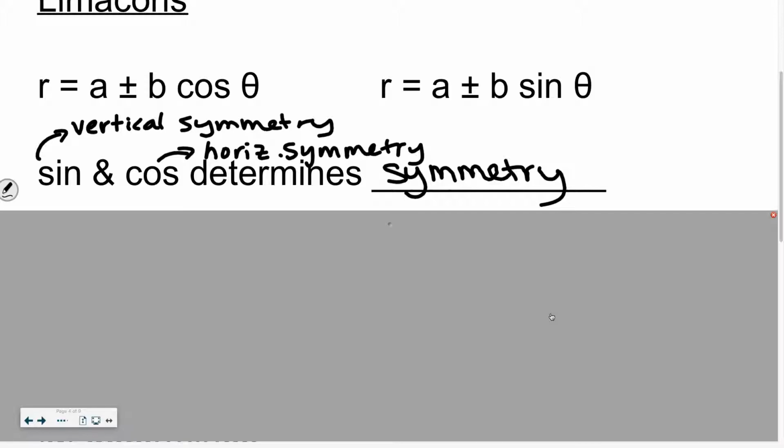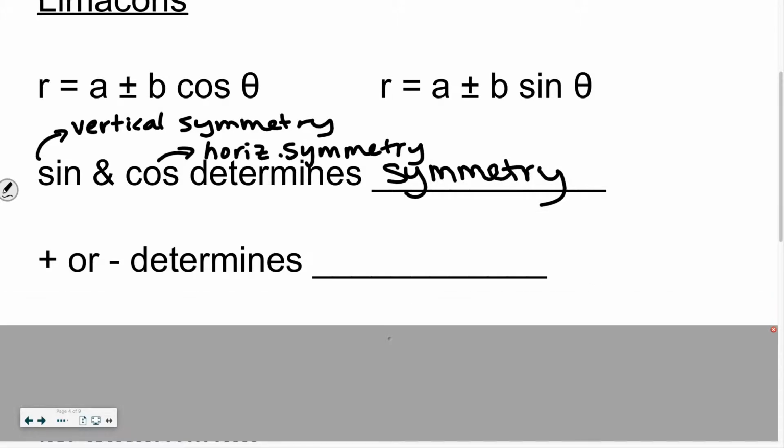Okay, the plus or minus. Whether it's a plus b sine theta or a minus b sine theta, it is going to determine, I'm going to describe it as, the orientation. Which I also agree we already did yesterday.